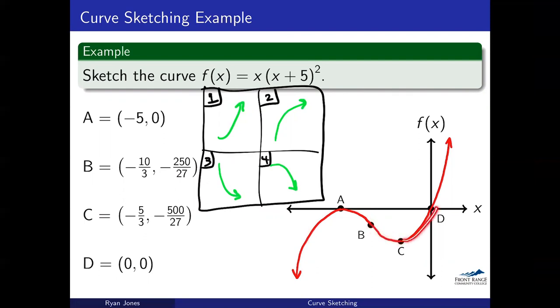And then here, really here and here, this whole section is going to be increasing and concave up. And so these are basically just your four options there. Hopefully that boils it down to something a little bit simpler that you can think about. You really just have 4 possible curves that you can draw, and then you're just kind of connecting the dots.